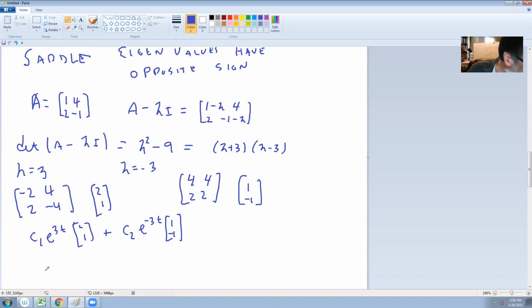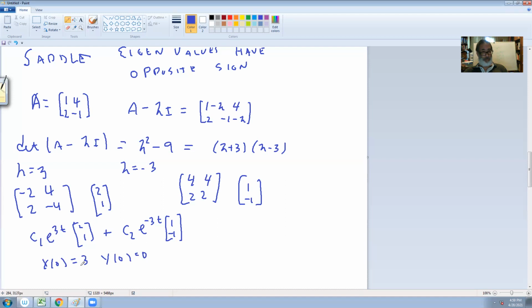Let's go ahead and look at the kind of solutions you would get out of here. For example, let's say x0 was equal to 3 and y0 was equal to 0.